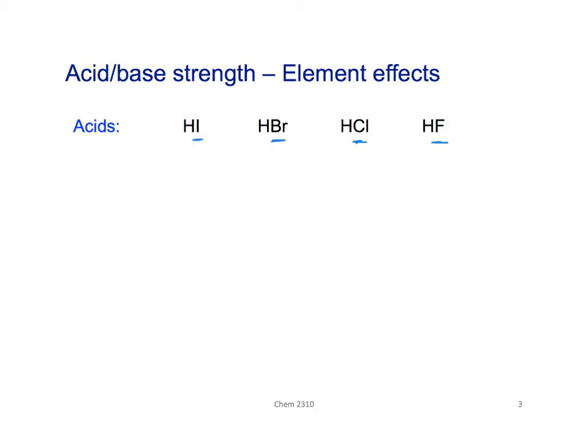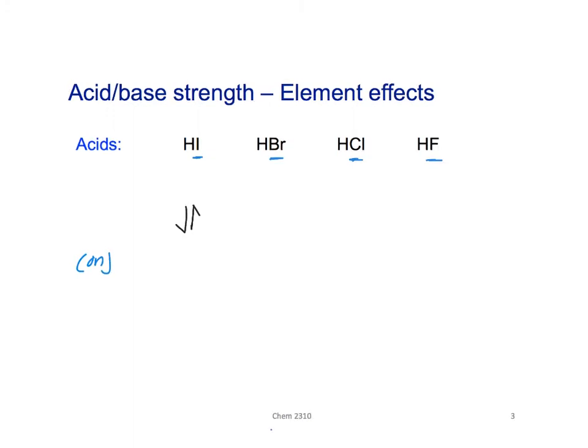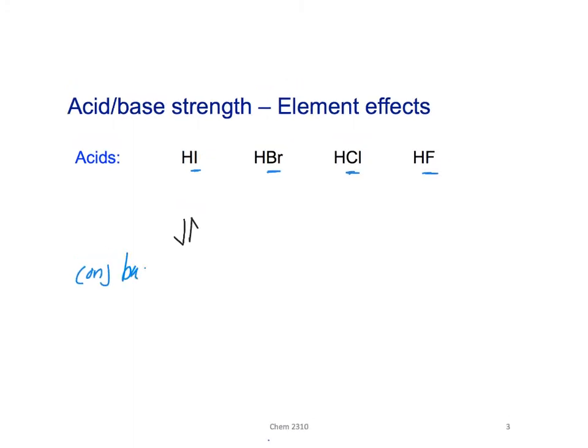So let's go ahead, because we want to analyze or consider their conjugate bases, let's go ahead and draw out the conjugate base for each of these acids. Okay, I'm not really going to balance these, I'm just going to draw the conjugate base. So for hydroiodic acid, we have iodide is the conjugate base.